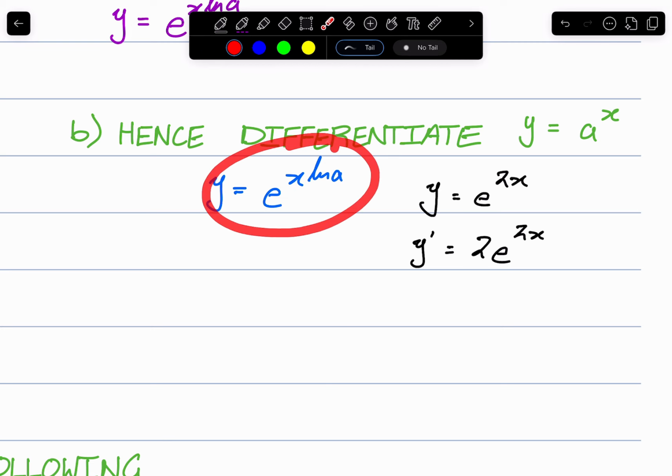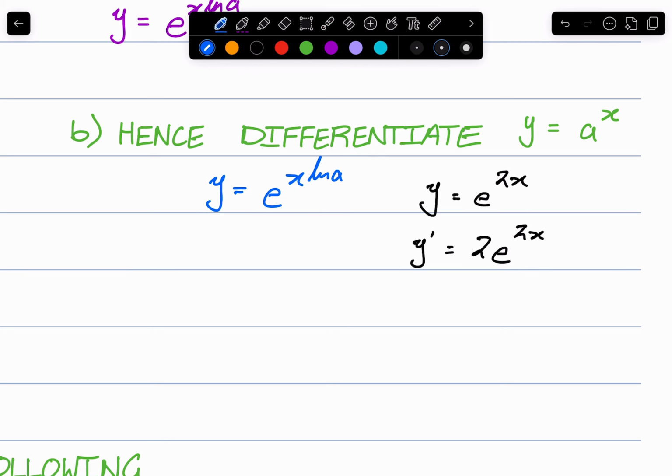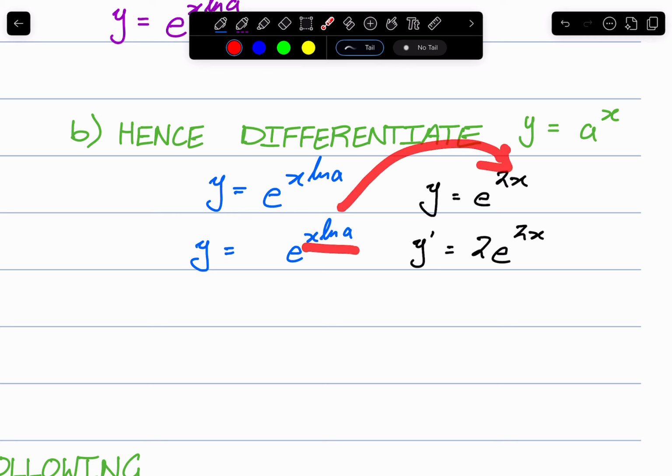So now in this case, the derivative of this is going to be itself multiplied by the derivative of x ln a. It's a little confusing if you're not too familiar, but remember, ln a is just a number. So x ln a could very well be viewed as 2x.